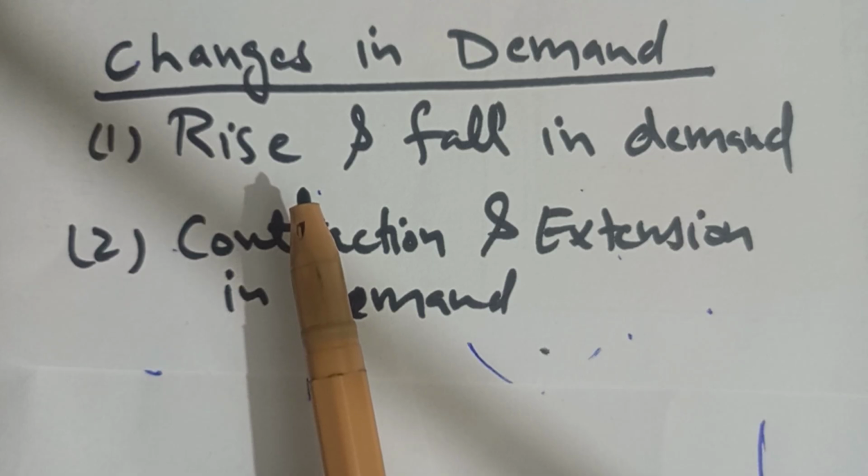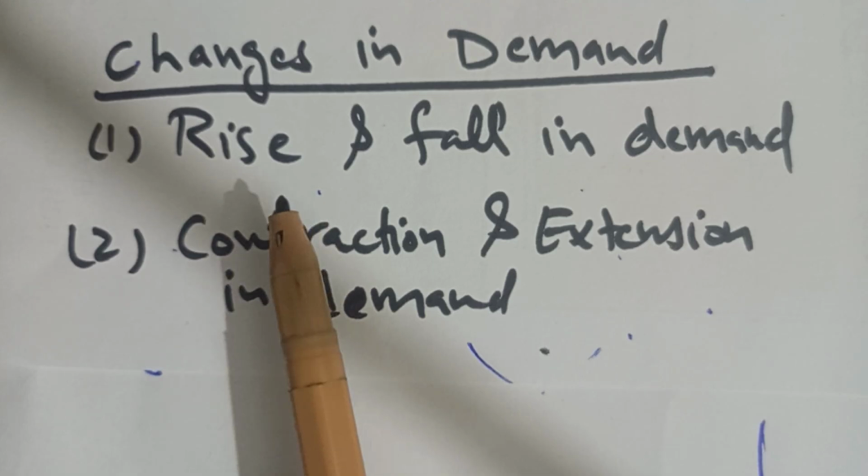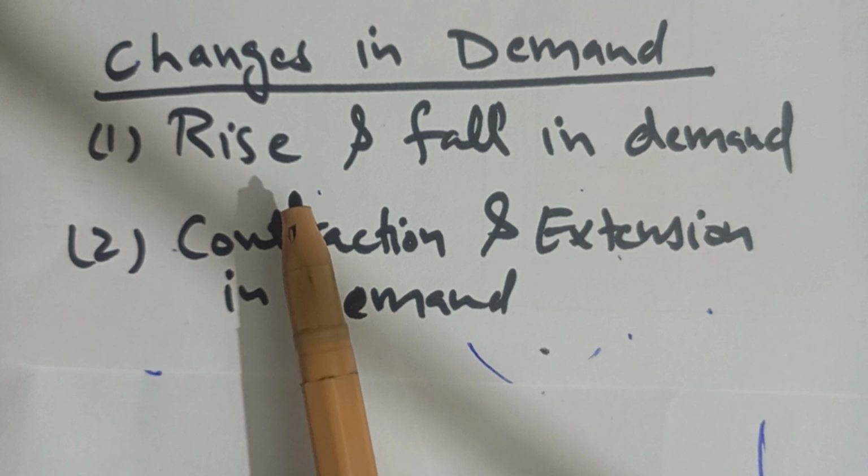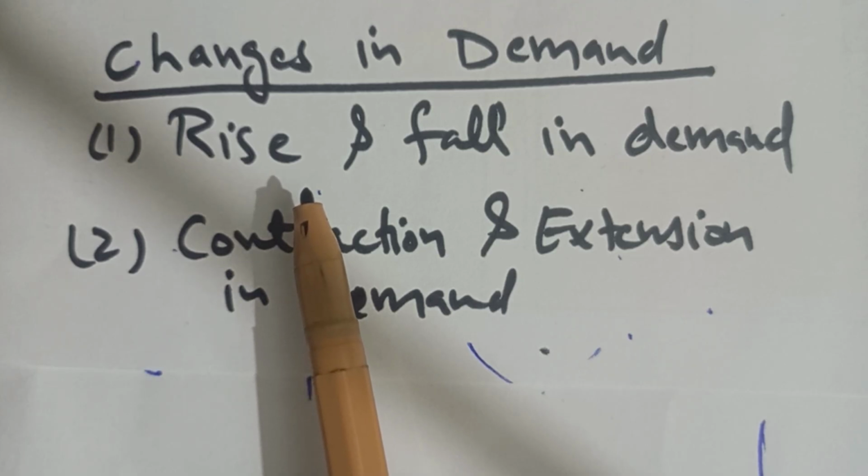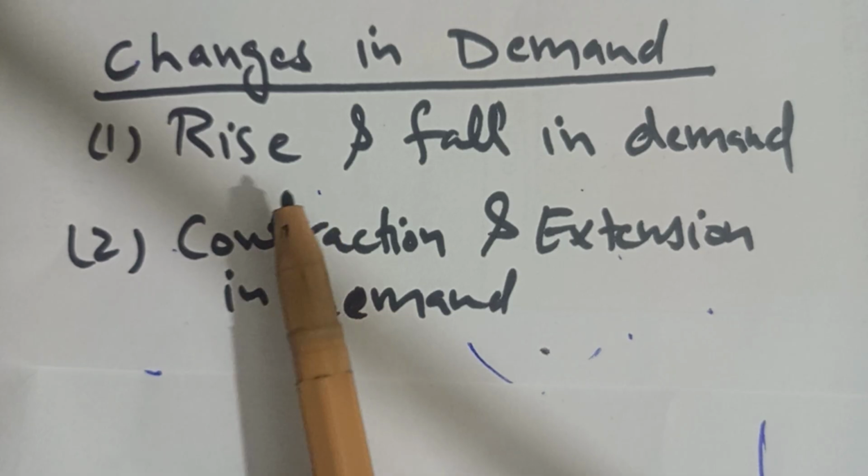Weather or climate changes. When the weather changes, it leads toward a rise in demand. For example, when winter starts, the demand for warm clothes increases while the price remains the same.